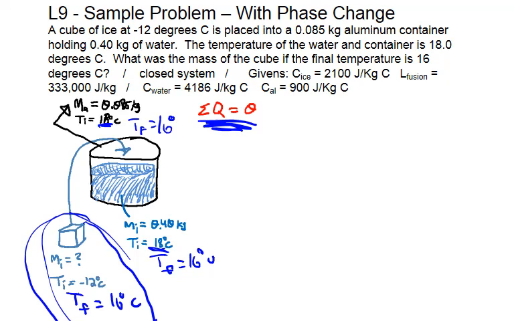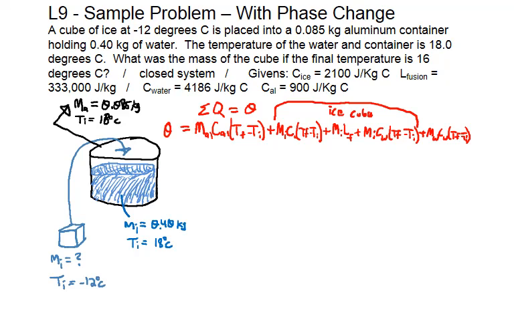So when we set up the sum of the Q's for this one, we have to consider the ice cube as being an ice cube, and then in the phase change, and then also once it becomes water. So if you look at that here, we have the mass of the ice cube times the specific heat of the ice cube, T final minus T initial.